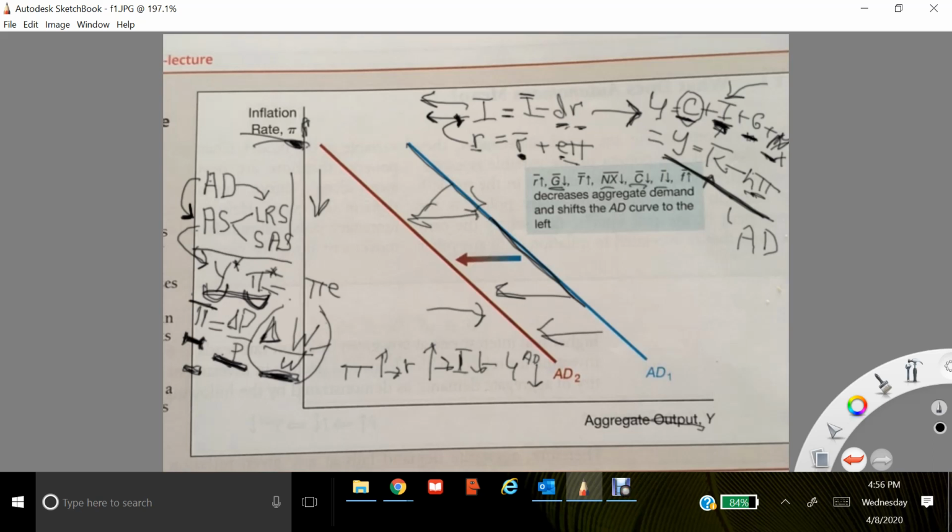There are a couple of them that are increases. And so, for example, when taxes increase, people have less money to spend. That would result, if taxes increase, that would result in a fall in aggregate demand.